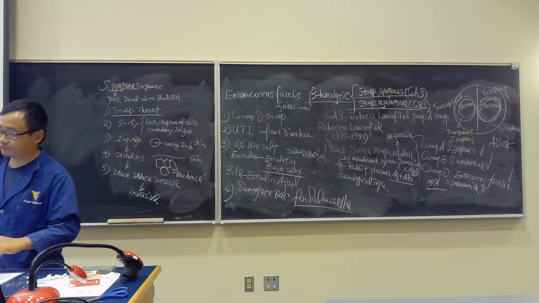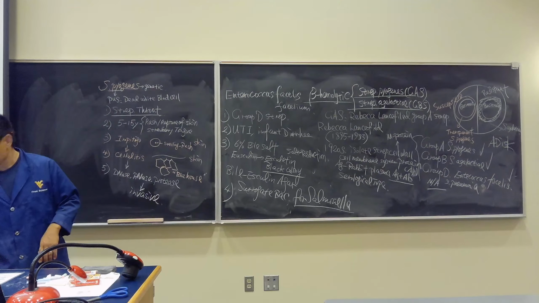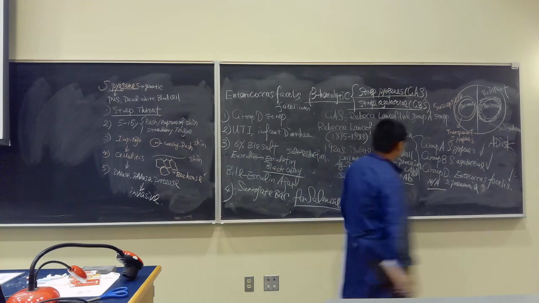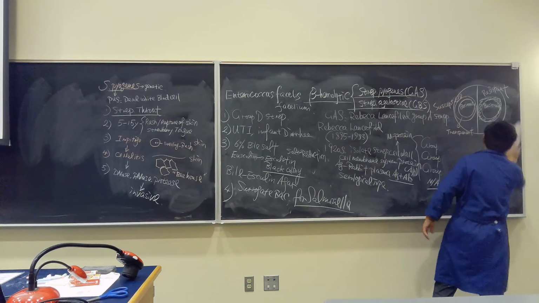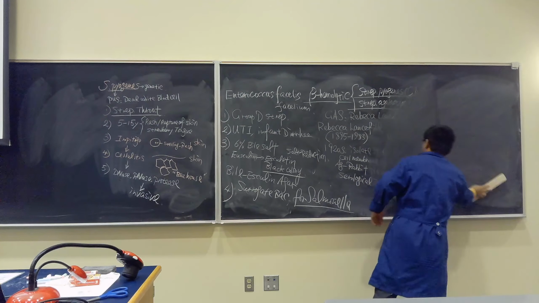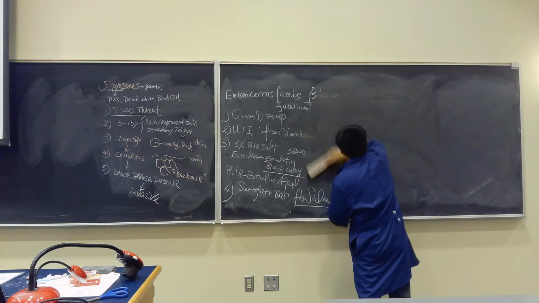Next, Staphylococcus. Okay, Staphylococcus. There are some interesting topics right here. We want to use this whole section to talk about Staphylococcus. Then we have a conclusion table for everything.